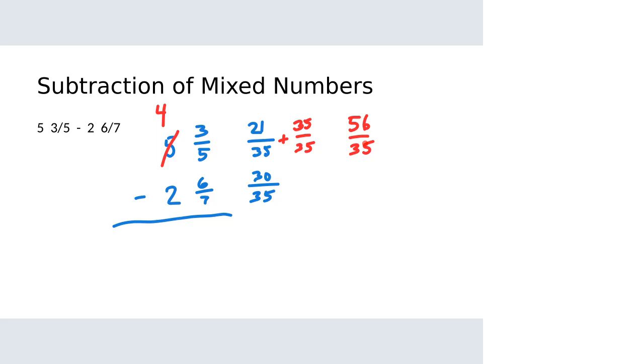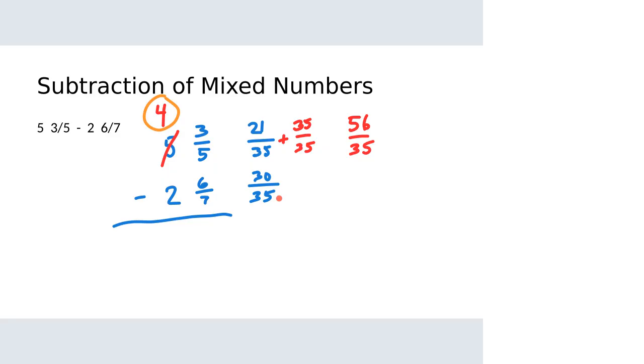And what I'm saying in kind of a strange roundabout way, let me know if you want to ask anything about it, is that 5 3/5 that I started with, what I've done here is I've rewritten that as 4 and 56 35ths. That has the same value as what I started with, but it has 35 as a denominator because I need that, and I have a number big enough that's going to allow me to subtract now.